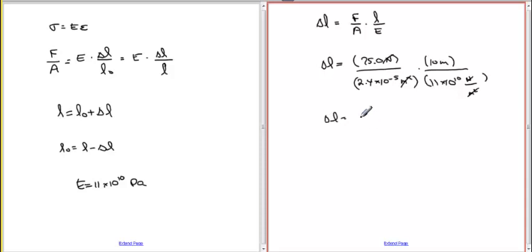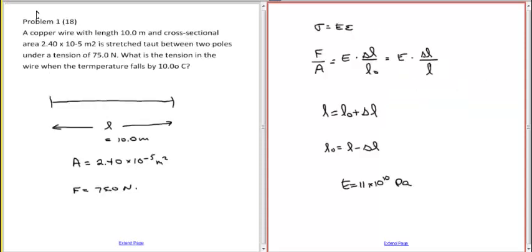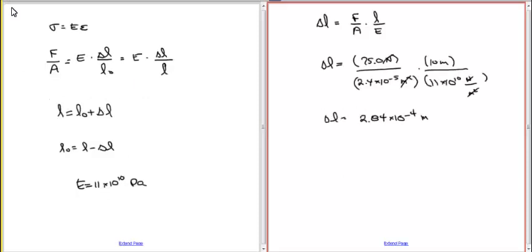And so I get delta L is 2.84 times 10 to the minus 4 meters. So you see L0 and L are pretty darn close to each other in our case, for the accuracy we're looking for. So that's how much it has to stretch to get the initial tension. Now, it says what is the tension in the wire when it falls by 10C? So what's going to happen is that the wire is going to want to contract.